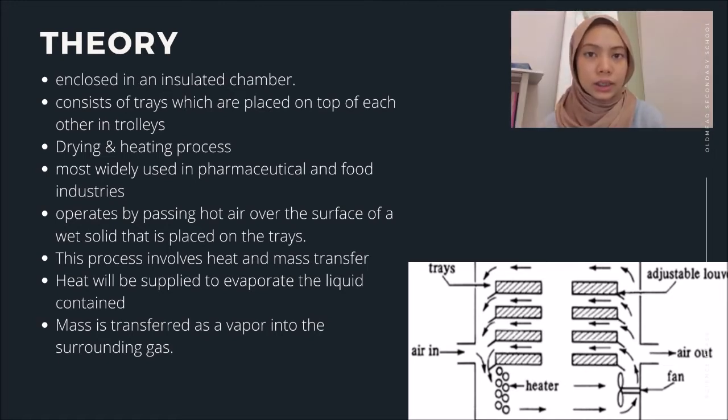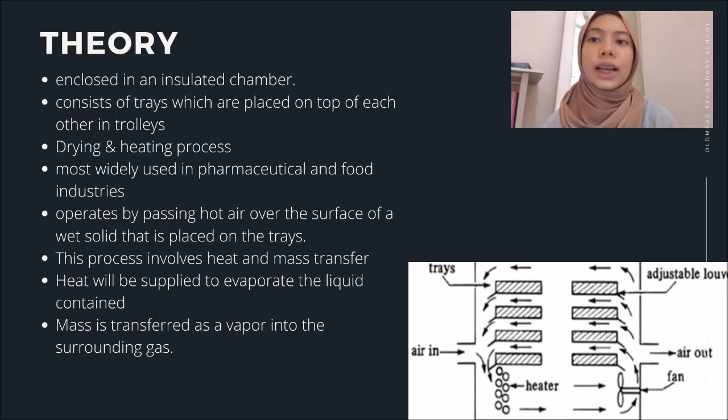Other than that, this process involves heat and mass transfer. The heat and mass transfer are very crucial in this process. Why? Because the heat will be supplied to evaporate the liquid contained in the wet solids, and then the mass is transferred as a vapor into the surrounding gas.